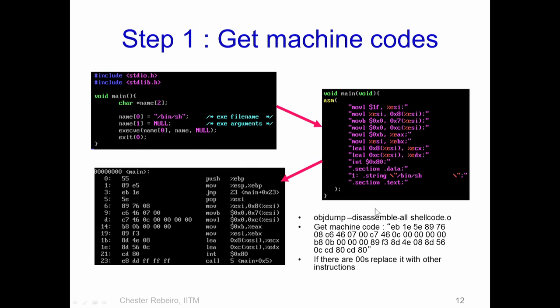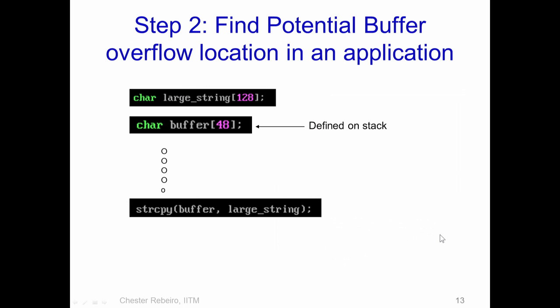One thing required for this attack is to replace all the zeros present in this machine code with some other instructions, so that you do not have any zeros present. The next thing is to scan the entire application in order to find one location which can be exploited for a buffer overflow.